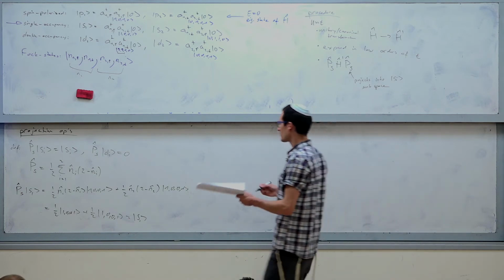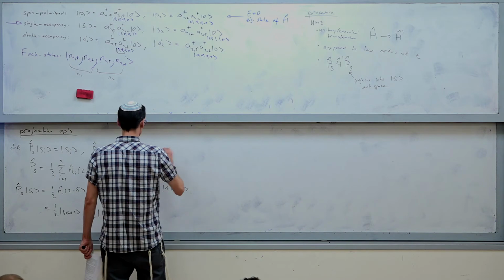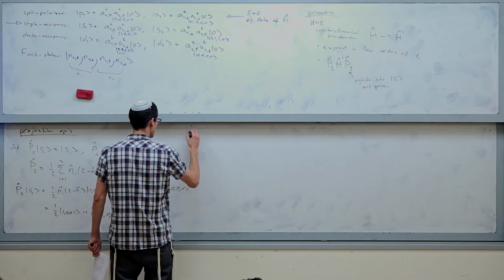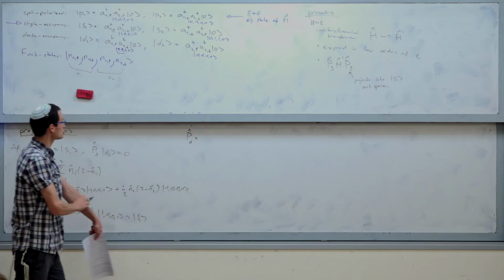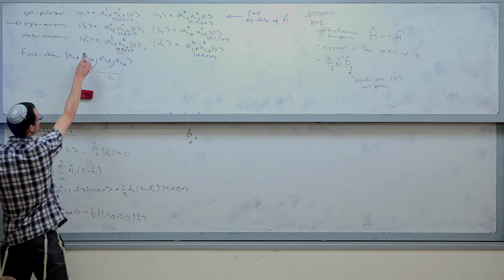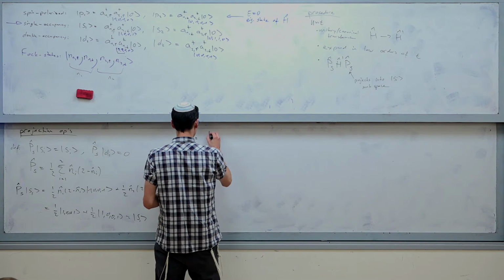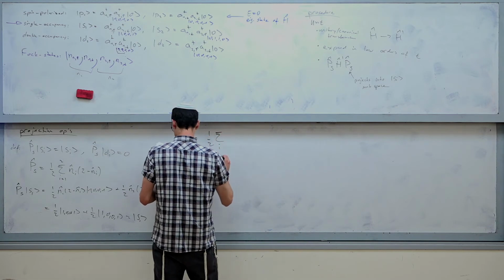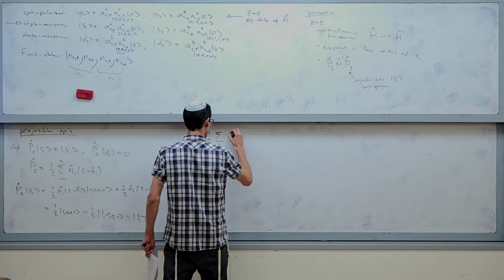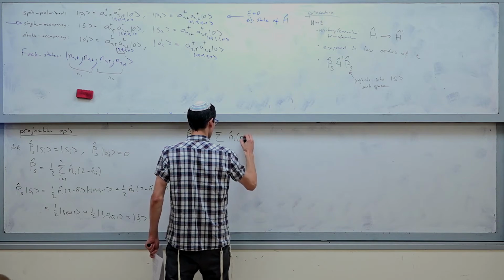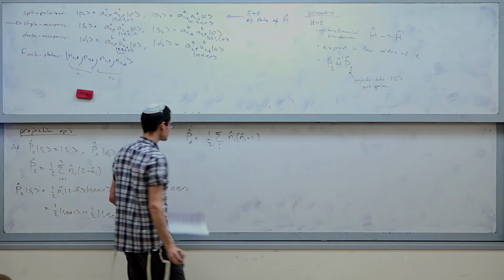And in the same manner, you can also define a projection operator that takes you onto the subspace spanned by D1 and D2. In this case, the projection operator is the sum over Ni times Ni minus 1.